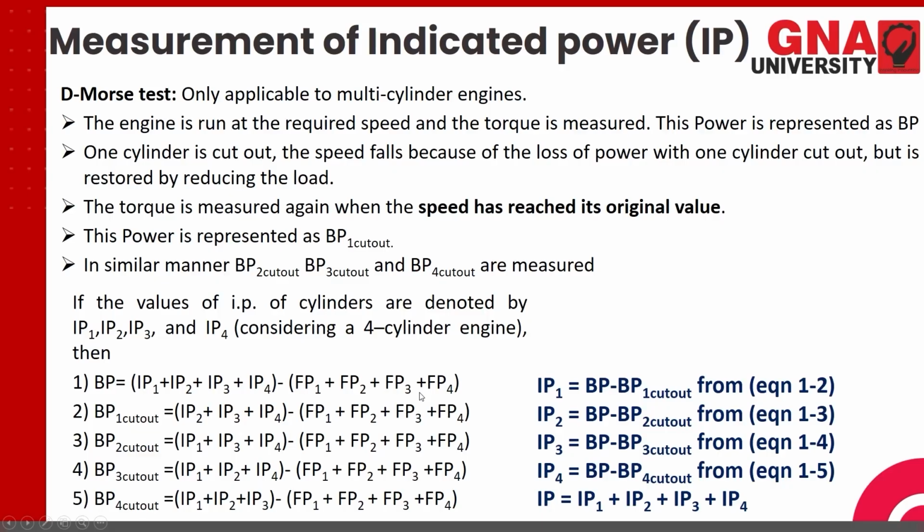Because though the power is not being produced, the movement of the piston of the first cylinder will still be there because it is also connected to the same crankshaft. So hence you have FP1, FP2, FP3, FP4. Similarly for BP2 cutout, IP2 will not be there, but all 4 FPs will be there.